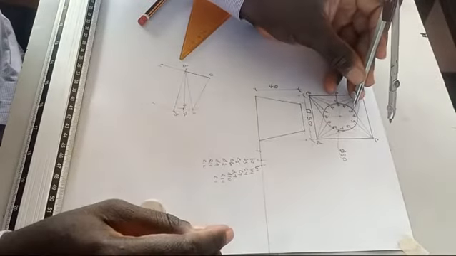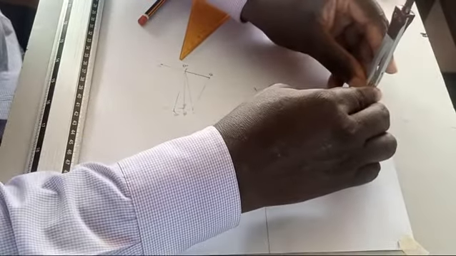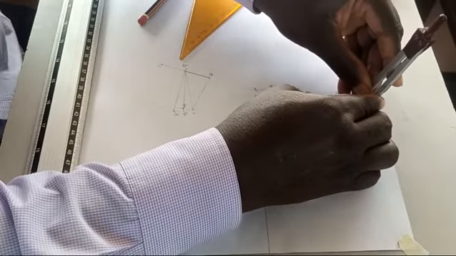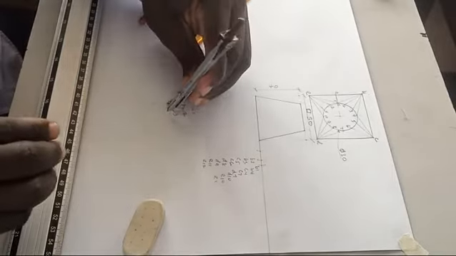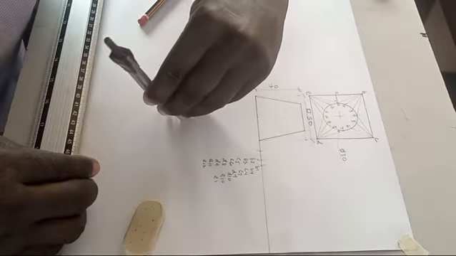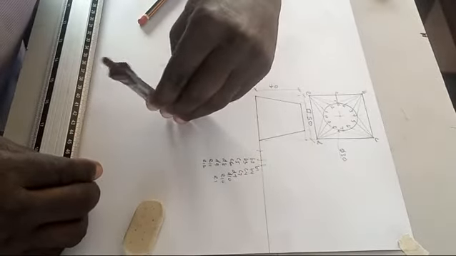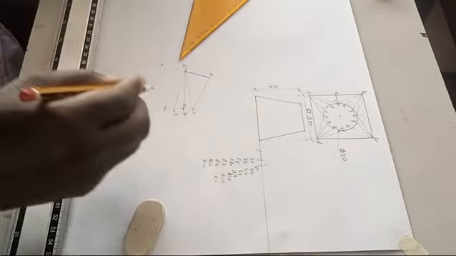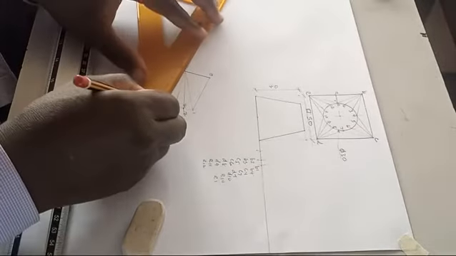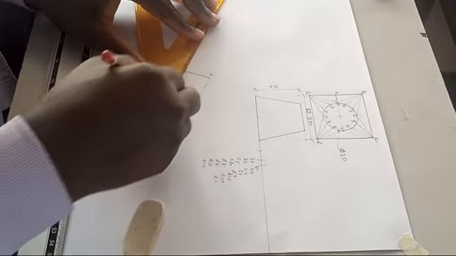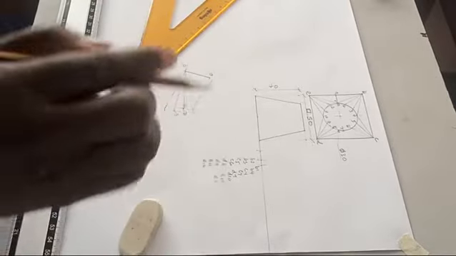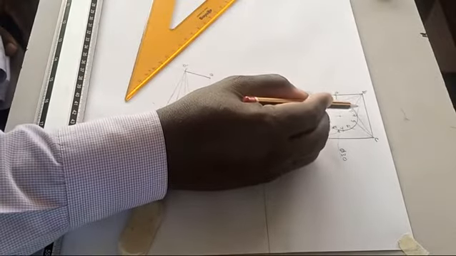You go to 3 and extend it to 4, which is this 3 to 4, like that. That is this point. Now we have been able to complete all the corners of B.